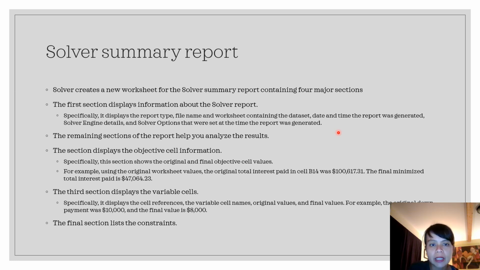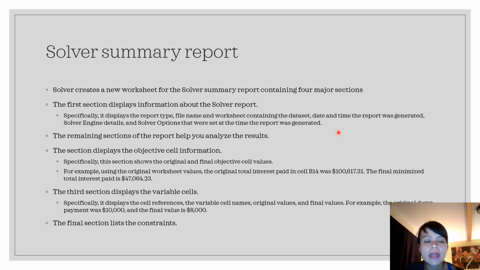The remaining sections are the actual report that helps you analyze the results. The second section displays objective cell information. Specifically, it shows the original and final objective cell values. For example, using the original worksheet values, the original total paid was $100,617.31, and the final minimized payment was $47,000 and a bit.